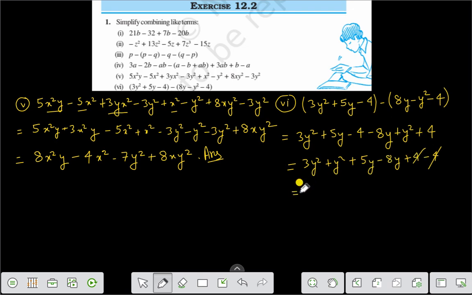So we are getting 3y square plus y square is 4y square, and it is minus 3y, since 5 minus 8 is minus 3. This is the answer of question number 6.